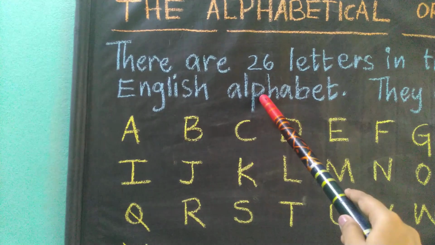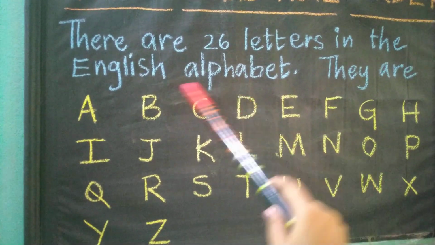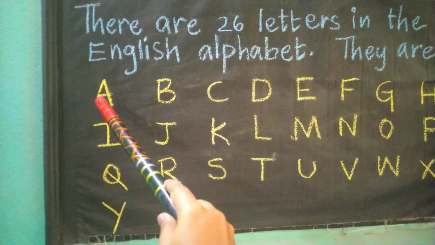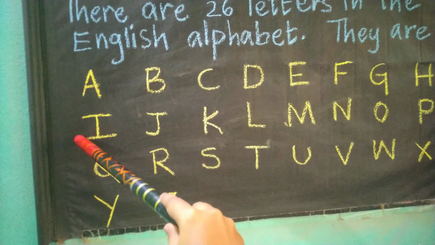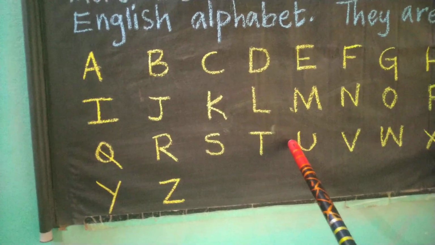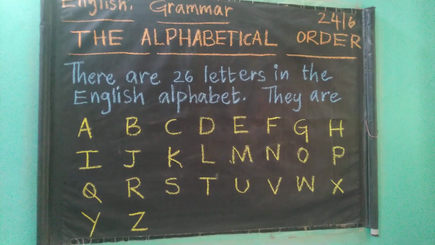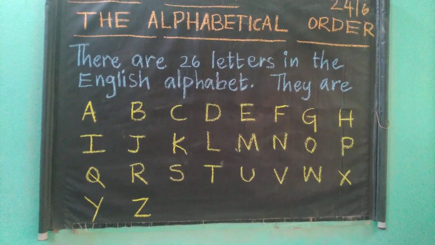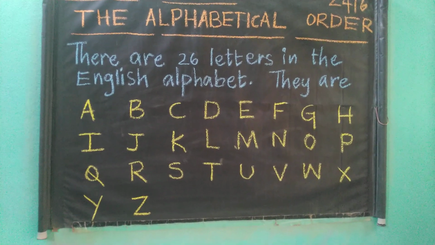As you already know, we have 26 letters in the English alphabet, A to Z, and among these you already learned that A, E, I, O, U are vowel letters, and the remaining letters are called consonants. So today I want you to learn the order of the letters.